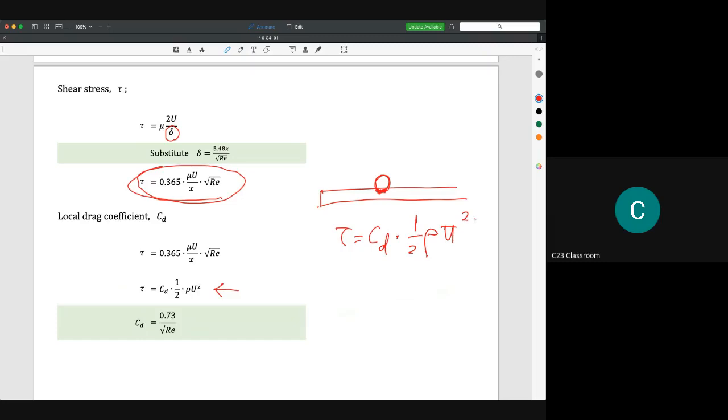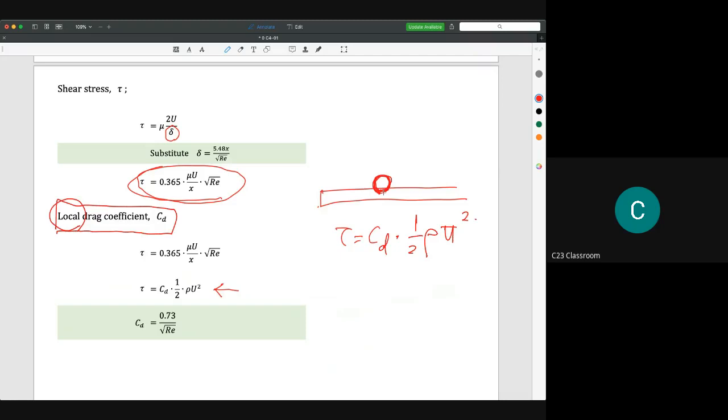Here you must be very careful, because at this stage we are calculating the local drag coefficient. What does local mean here? It means we are calculating only for one molecule at a certain point.